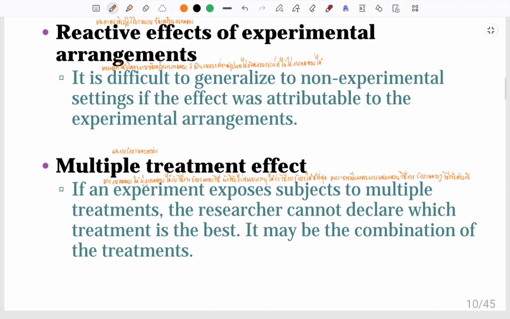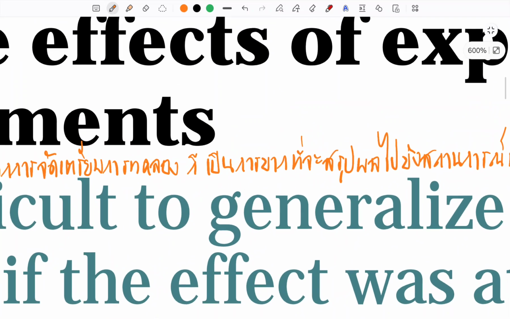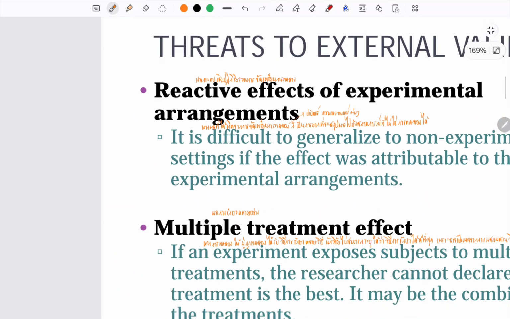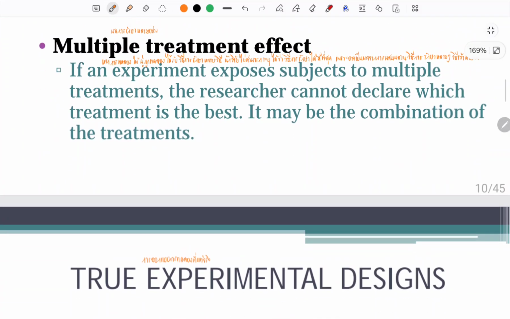The next one, multiple treatment effect. In this case, you try to test for everything. For example, you would like to test the effect of ultrasound plus laser plus shock wave. You put all of these interventions in at once in order to see whether it can reduce pain or not.